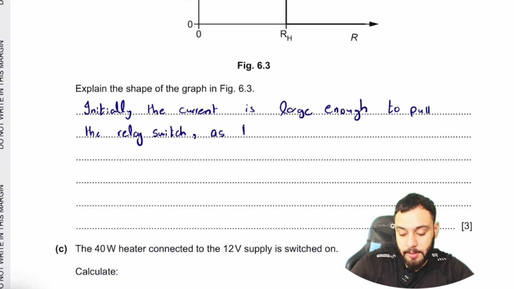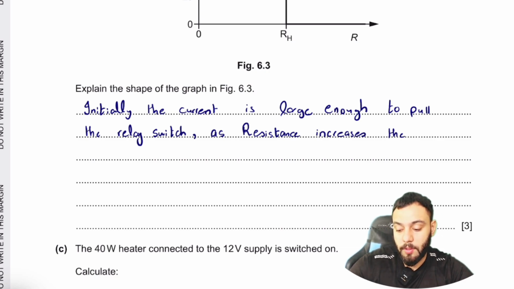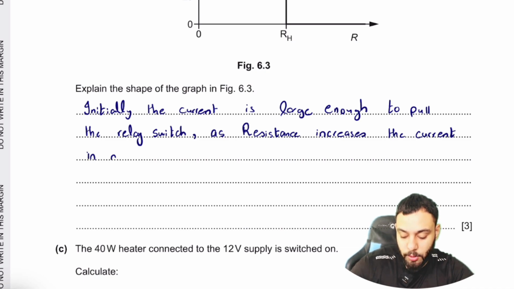As resistance increases, the current in the magnetizing coil would decrease.